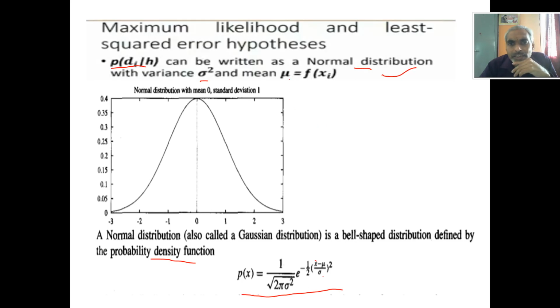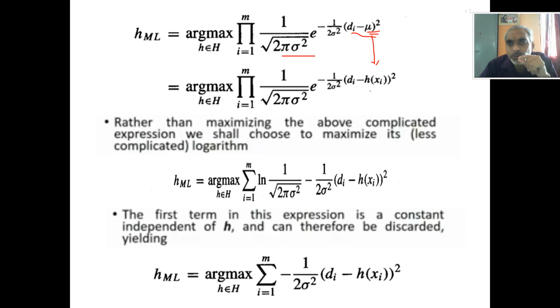We are saying that the mean mu is equal to f of xi. That is why, for each hypothesis, h of xi in place of mu you are going to replace, whole square. Now rather than minimizing the above complicated expression, we shall choose to maximize its logarithm.